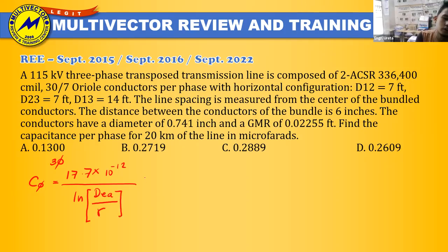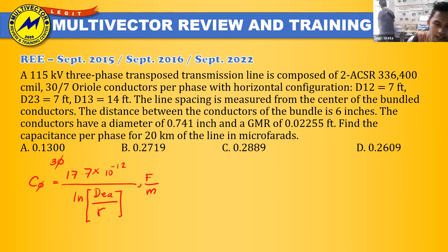Ang unit natin dito is in farad per meter. Kung gusto natin makuha yung total capacitance ng linya, i-multiply lang natin sa unit length natin, which is 20 km. Ang matitirang unit is in farad.